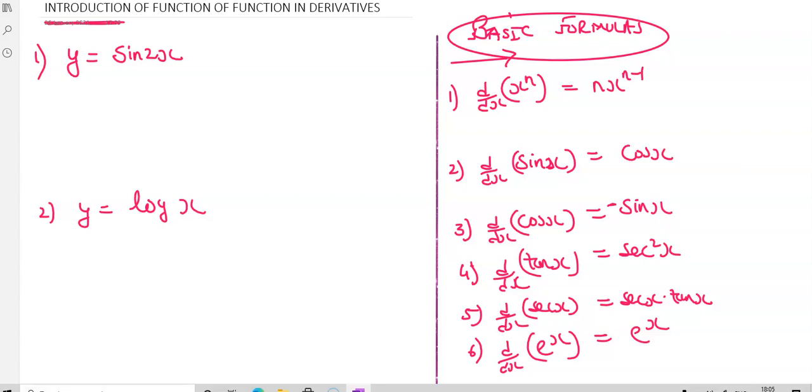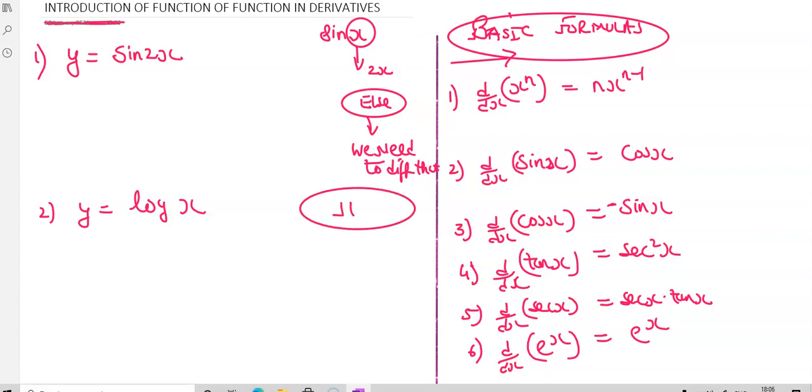Now interestingly, sine has a general angle that is x, but if x moves on to 2x, or to anything else, we need to differentiate that. But the question comes, how?